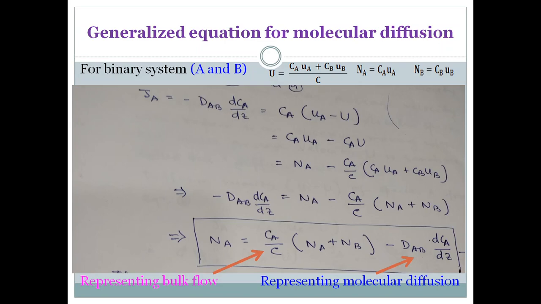You have to remember this equation. This is a very important, basic equation. Not only should you remember it, you should practice how it comes from fundamental concepts. If you practice on pen and paper 10 times, it will stay with you. So total flux has two contributions: one from the bulk flow and another from the molecular diffusion.